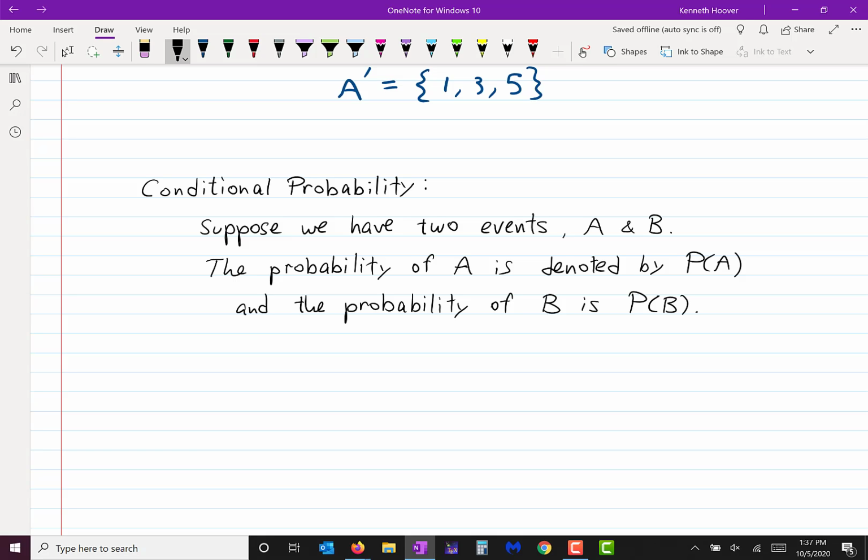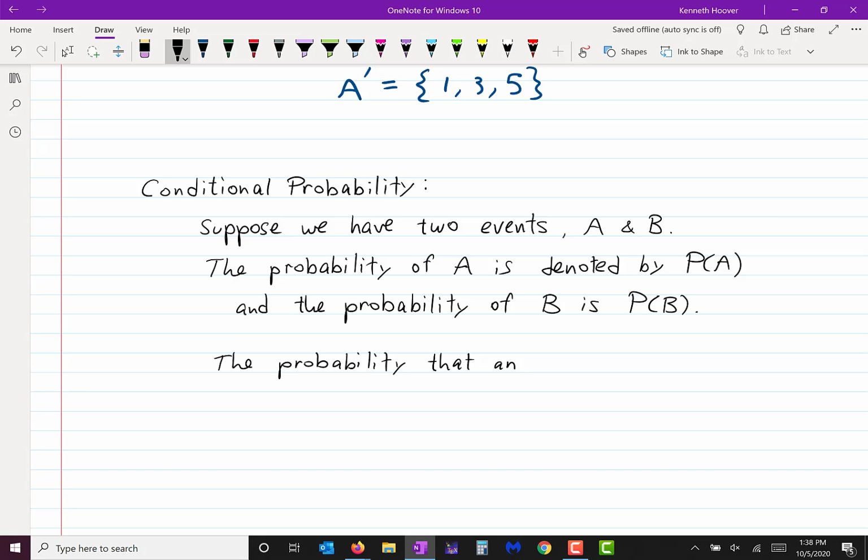Now I want to show you this new thing which is called conditional probability. The probability that an event, I should say an outcome really. I'm going to word it the exact same way it is in the book.